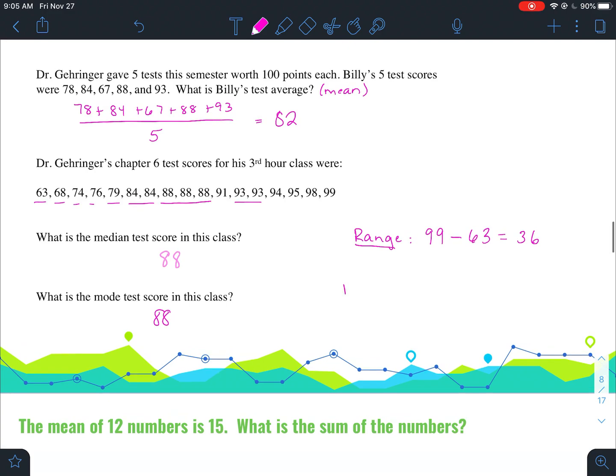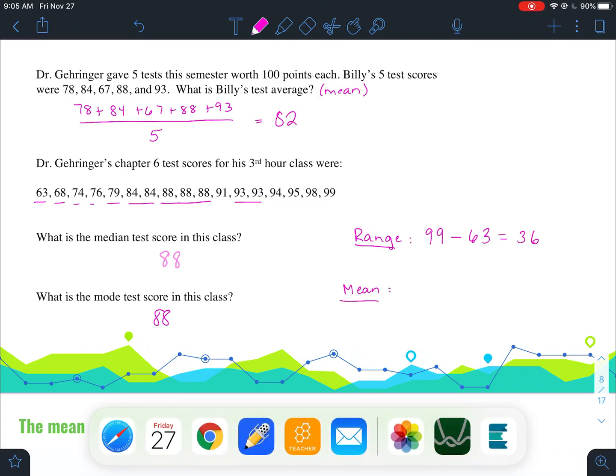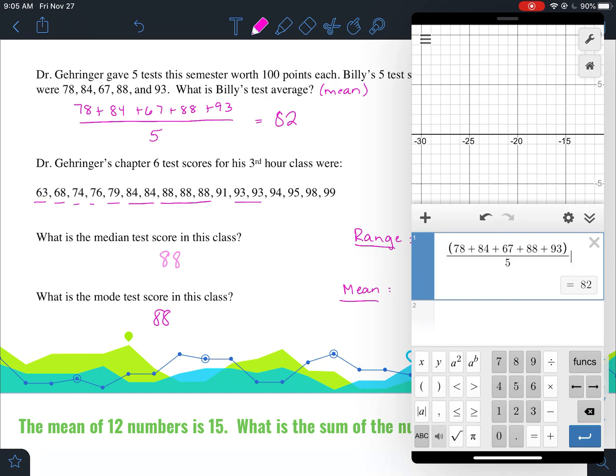If you wanted to find the mean of all of his test scores, you would add them all together. So let's add them all together.